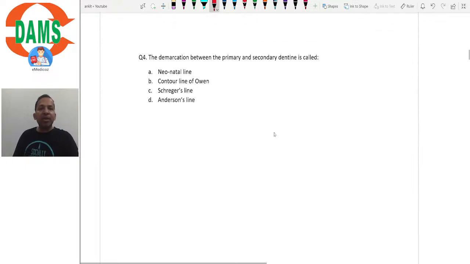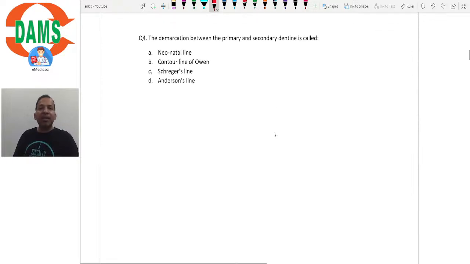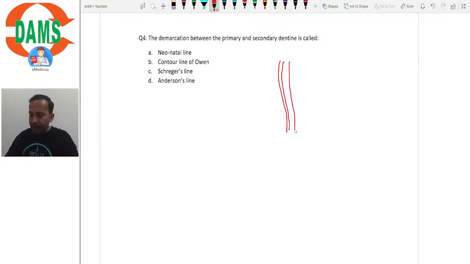So, next is the demarcation between the primary and secondary dentine is called. So, what is the demarcation between primary and secondary dentine called? So, in case of primary dentine, we know that we have long accentuated dentinal tubules, isn't it? Long accentuated dentinal tubules.